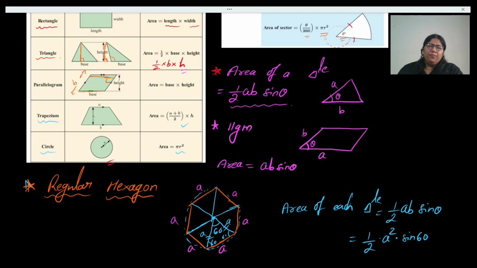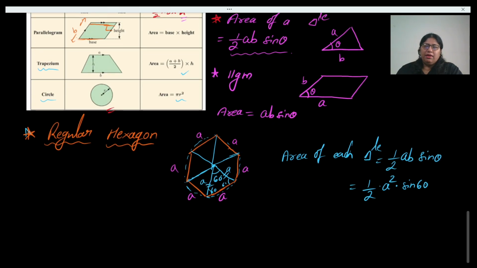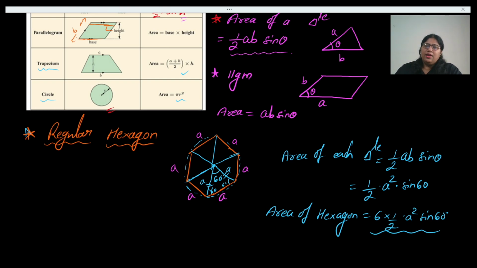Because there are 6 triangles, the area of the hexagon will be 6 times the area of each triangle, which is half times A square sine 60 degrees. Just remember it as the area of a triangle times 6, because there are 6 congruent triangles.